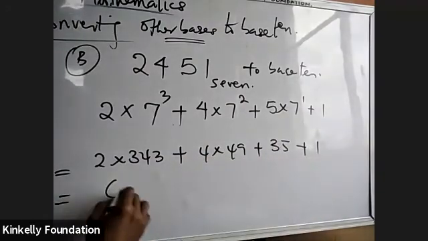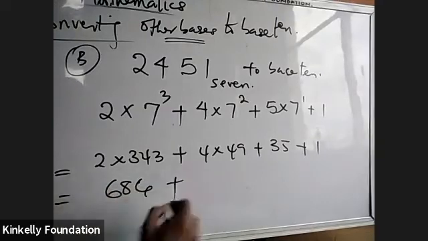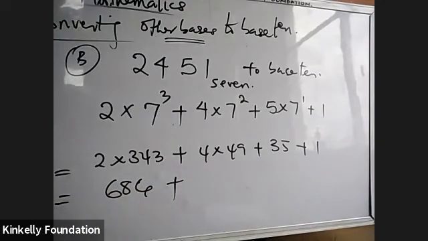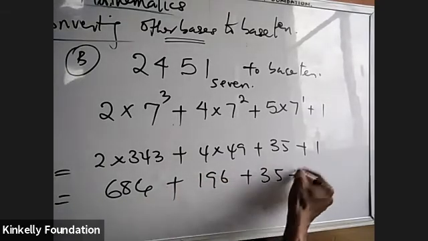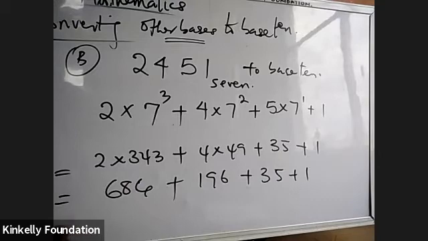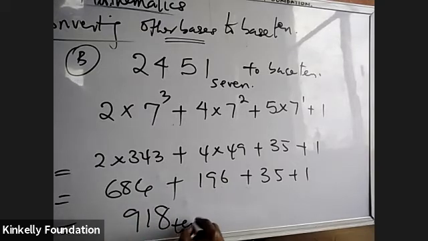So this gives us 686 plus 196 plus 35 plus 1, which gives us 918 in base 10.